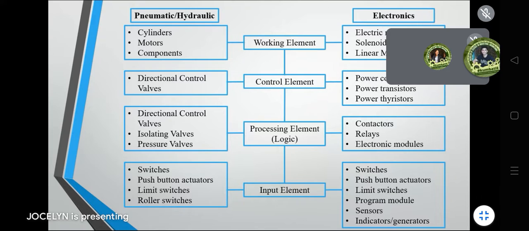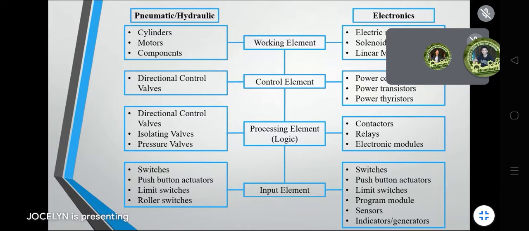For the processing element in terms of logic, we have direct control valves, which also have logic components, isolating valves, and pressure valves. For electronics, we have contactors, relays, and electronic modules. If you look at relays, there are more wirings to it, and it is conducted by electrical current.